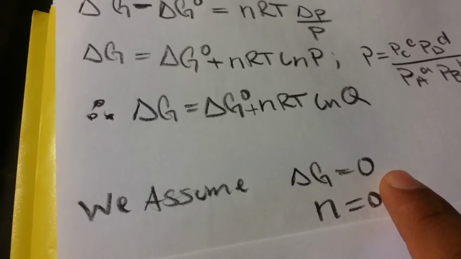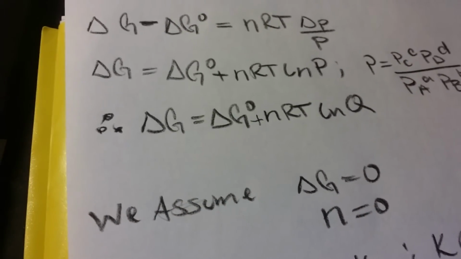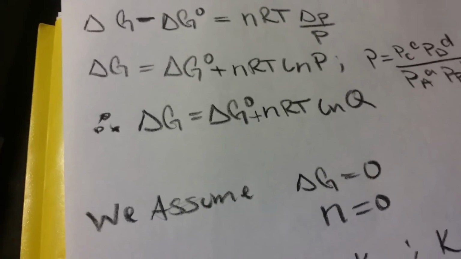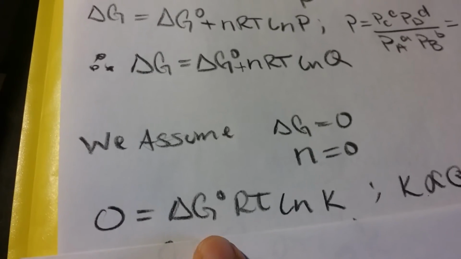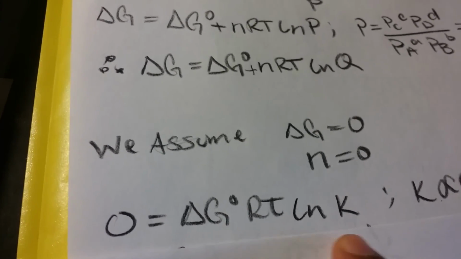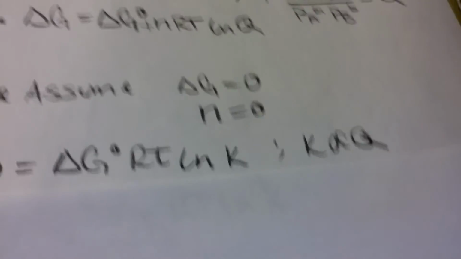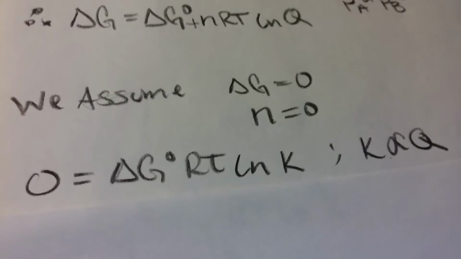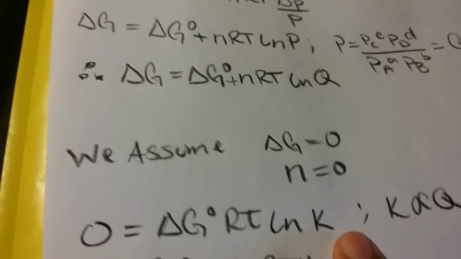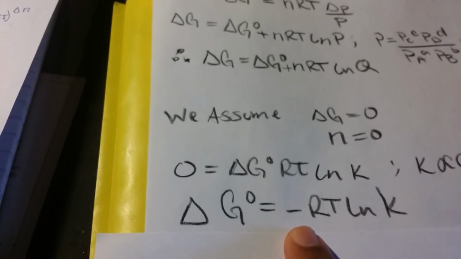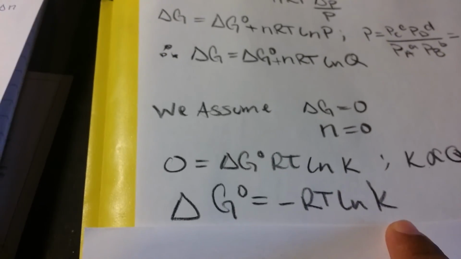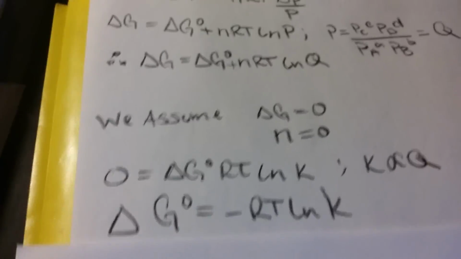We can assume that delta G equals 0, which gives us this equation: 0 equals delta G standard plus RT ln of K, where K is a direct relation to Q. And then we can get delta G standard equals minus RT ln of K. This simplifies what delta G standard is.